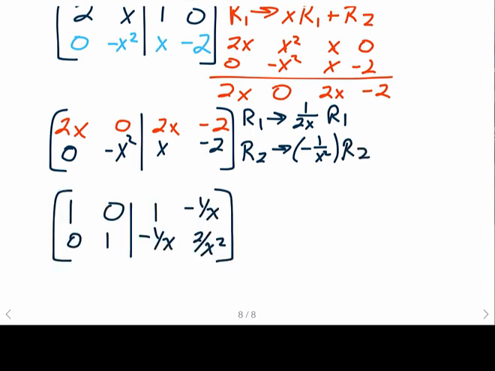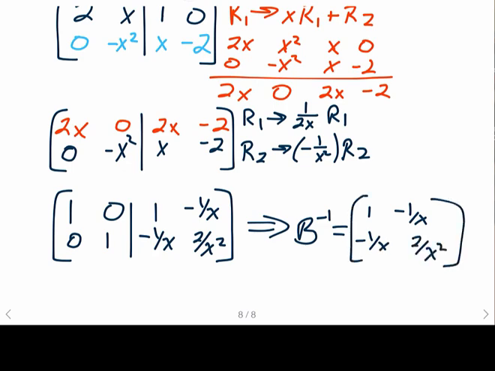And I end up with 1, 0, 1, negative 1 over x, and 0, 1, negative 1 over x, 2 over x squared, which then gives me that B inverse is the matrix on the right, 1, negative 1 over x, negative 1 over x, 2 over x squared.